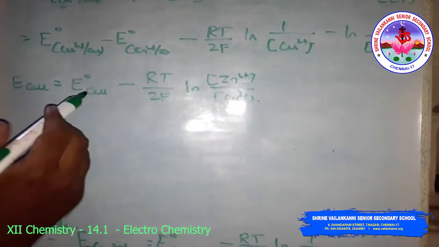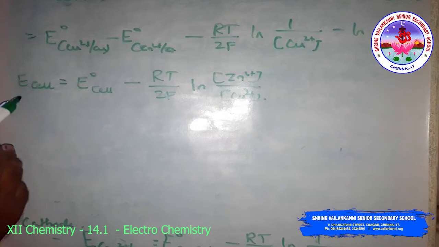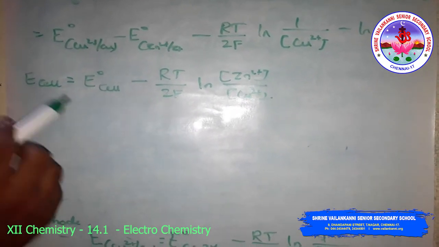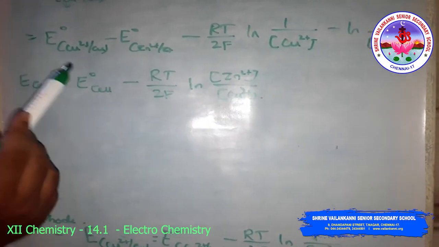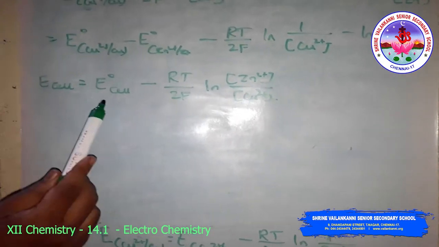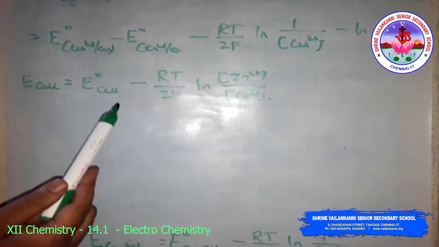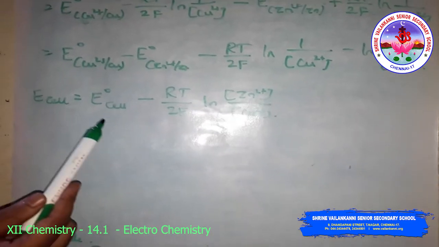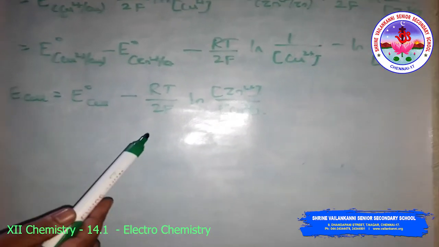So this is the E cell. It can be seen that E cell depends on the concentration of both the Cu2+ ion and the Zn2+ ion. So it increases with an increase in the concentration of Cu2+ ion and decreases with an increase in the concentration of the Zn2+ ion.